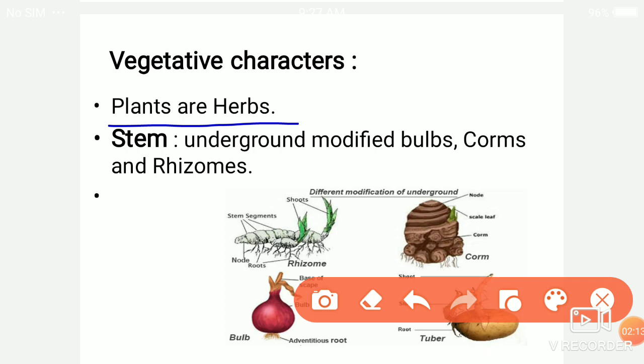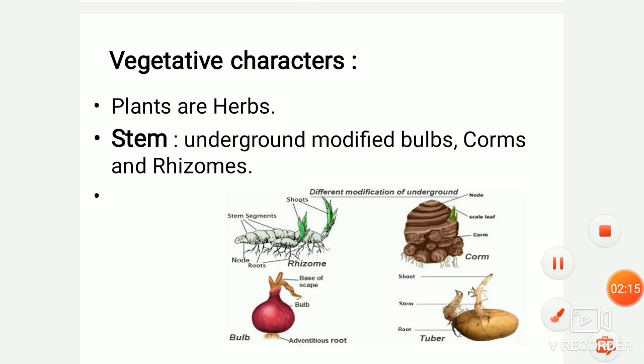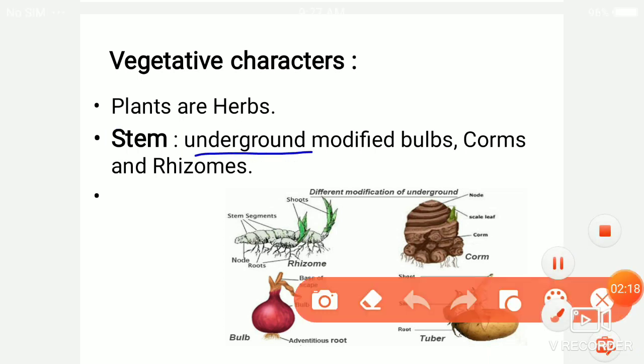Then what about the stem? Here it is an underground modified stem. What is the meaning of underground modified?